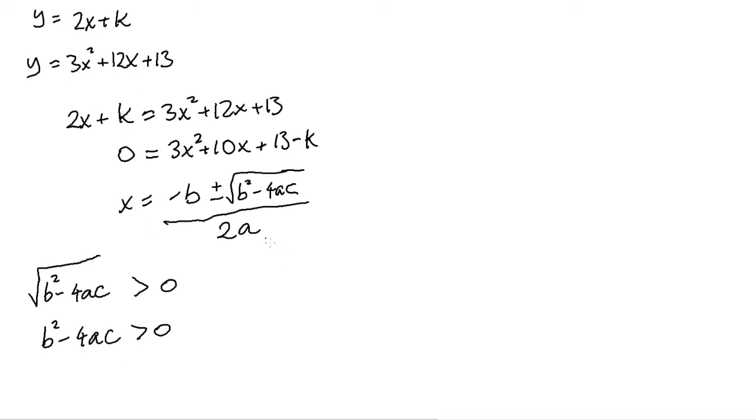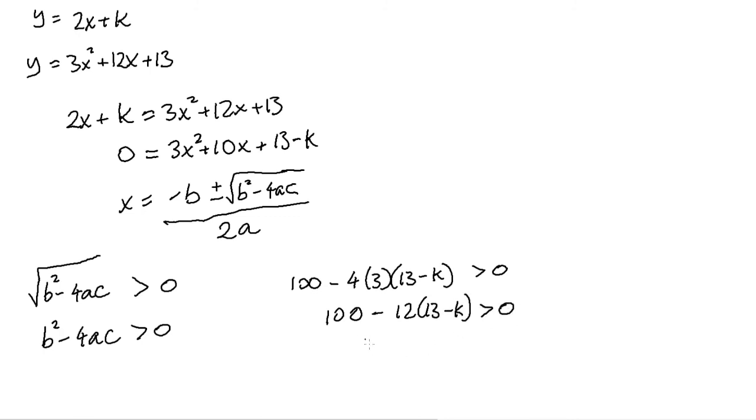So b squared is 10 squared, which is 100, minus 4 times a, which is 3, and c, which is 13 minus k, has to be larger than 0. And we know that 100 minus 12 times (13 minus k) is larger than 0.